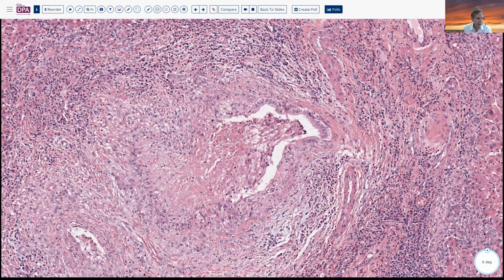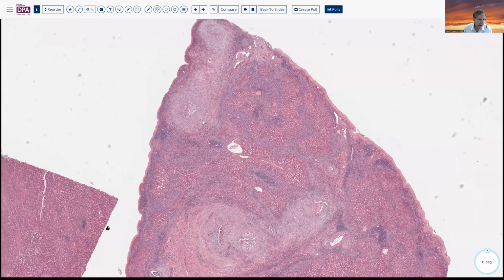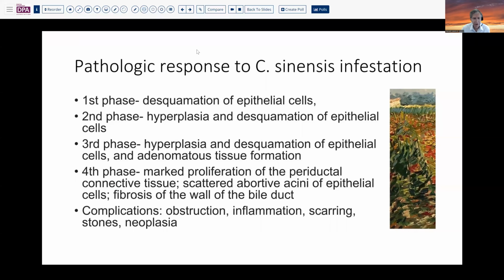So given the size of the organism and the patient's Asian origin, we can presume that this is the liver fluke, and that is most commonly Clonorchis sinensis, part of the Opisthorchis genus.